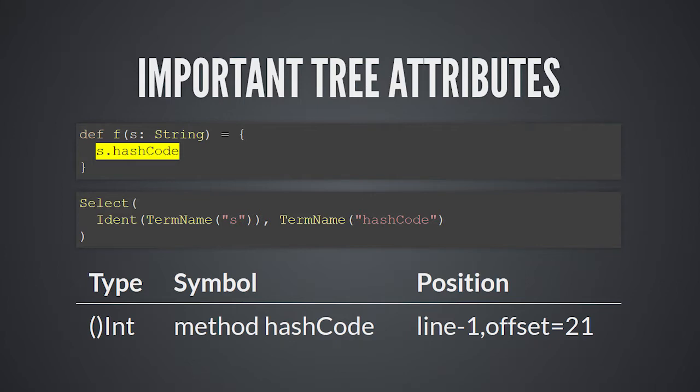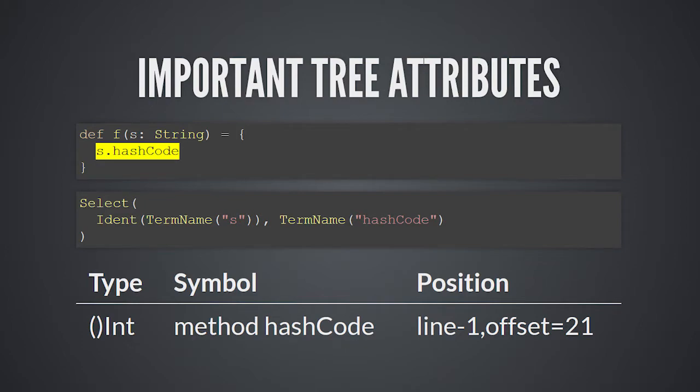And typically the tree represents some of the source code that you have written in the file, so the position tells you exactly where this source code sits. What I've written here is just an arbitrary number, since this depends very much on the specific location of this particular tree.